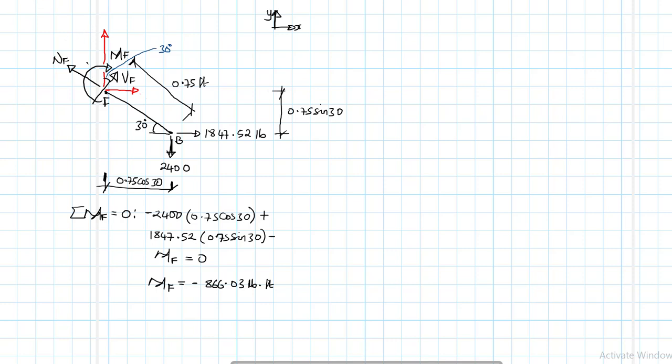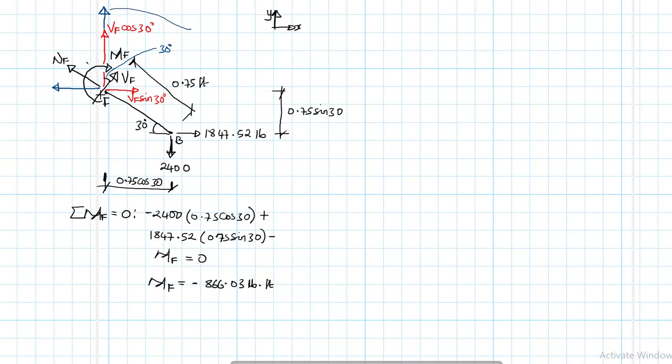So if this is 30, therefore this becomes VF cos 30, and then this one becomes VF sine 30. And then let me use blue. For the normal force, we are going to expect a force like this, and another force in this direction like that.